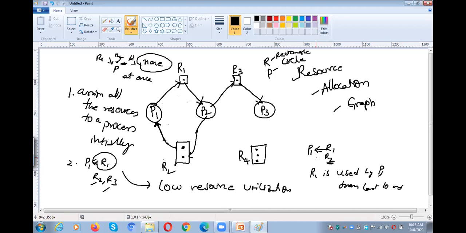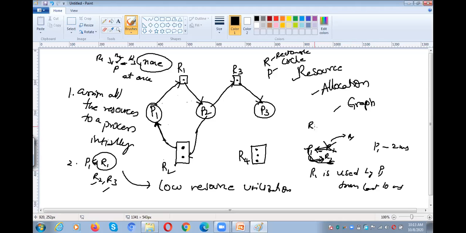At that time, it has to release R1 and request R2. Now, after 10 milliseconds, P1 completes its task within 2 milliseconds. That means P1 is at the last stage of execution. At that time, P1 has to release R1 and request R2. So anyhow, we will assign R2 to P1.